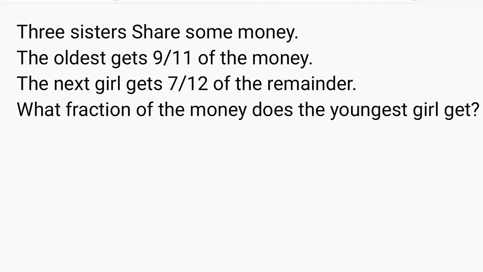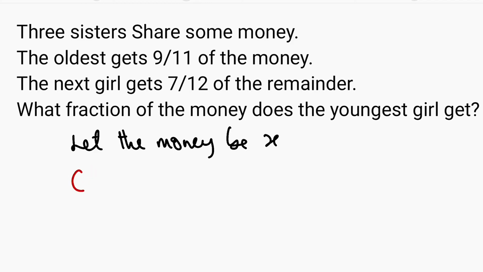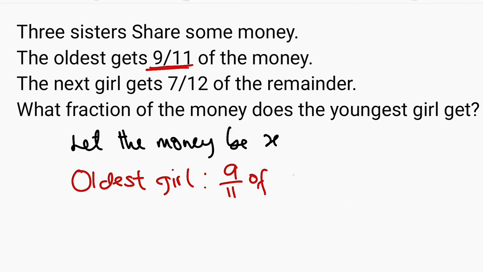Okay, first of all, let's assume the total amount of money shared among them is X. So let me start sharing. Let me start with the oldest. The oldest girl or sister, she received 9/11 of the total money. 9/11 of X, because X is the total money.